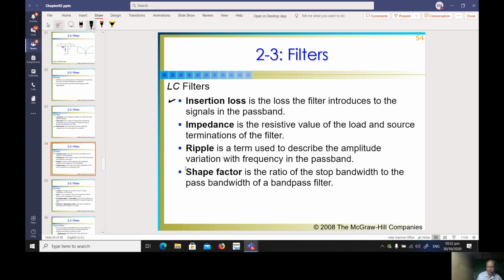Or there's a shape factor. Anyway, we will be discussing this effect of an LC. Kanina kasi RC or CR. Now this time in LC, these are the significance of using them.